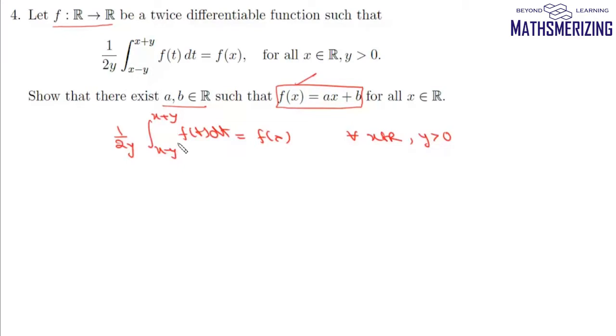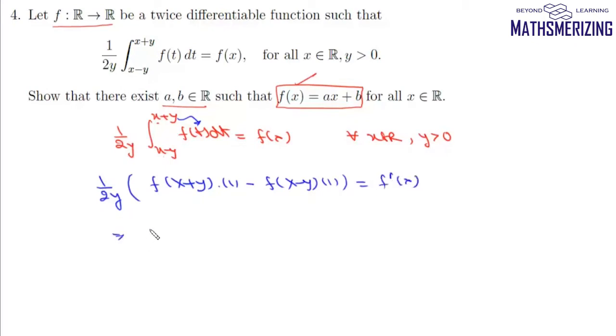Now we know that it is an integral function whose limits are variables. So we'll differentiate this function using the Newton-Leibniz formula with respect to x. Then we can write this as 1 upon 2y, and now upper limit f(x plus y) into derivative of upper limit, which is 1, minus lower limit f(x minus y) into derivative of lower limit, which is 1, and it should be equal to f dash x.